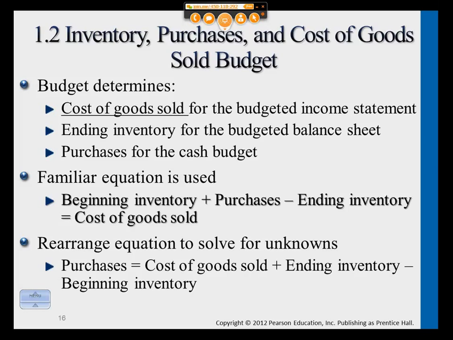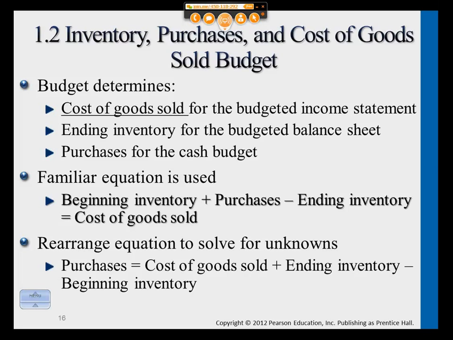Okay, so how am I going to find this cost of goods sold? It's your beginning inventory plus purchases minus ending inventory. That's just for you, as a reminder. So given this, for me to find my cost of goods sold, I need to know my beginning inventory. I need to estimate what my purchases are going to be and what the projected ending inventory is.